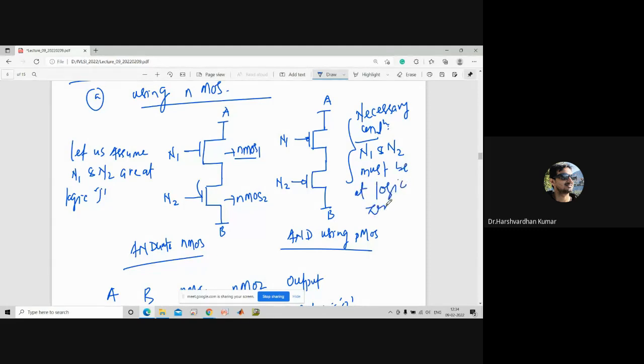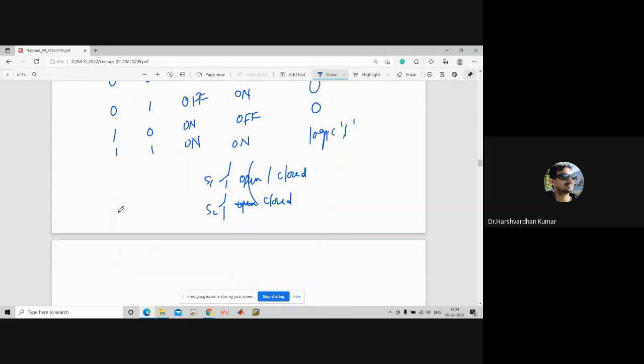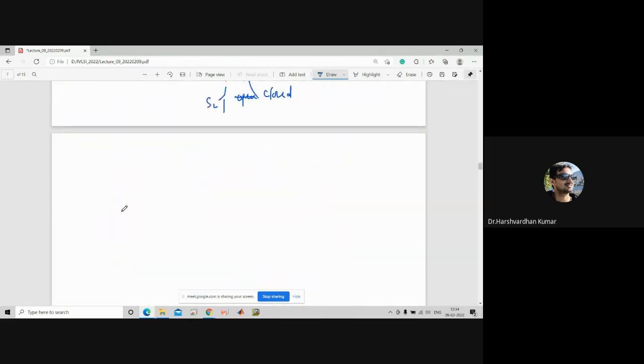Let us move to the 2 input CMOS NOR gate. Oh no, sorry, NAND gate first, then we will discuss the other. NAND gate using CMOS.